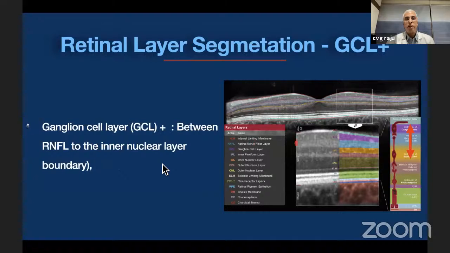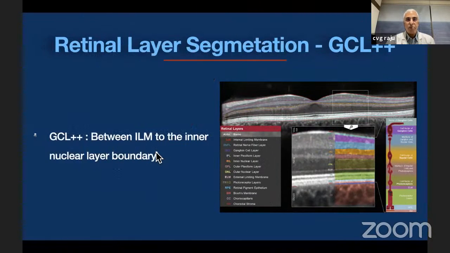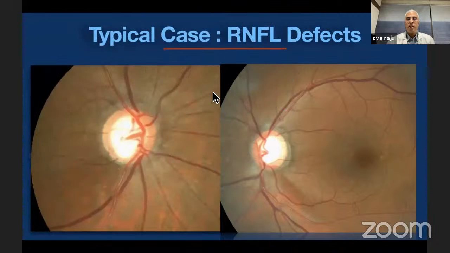That is the GCL plus. And then GCL plus plus, that is between the internal limiting membrane to the inner nuclear boundary. Because these two layers will be analyzed separately, and this is the GCL plus plus. So this will give you more information while analyzing the cases.